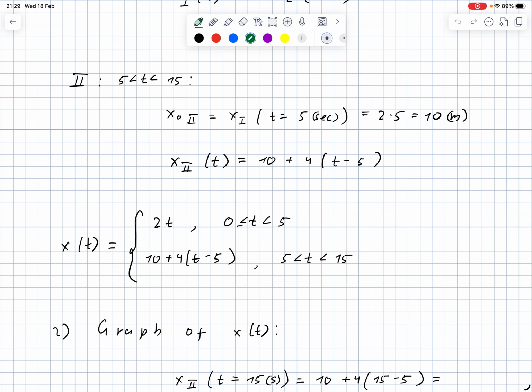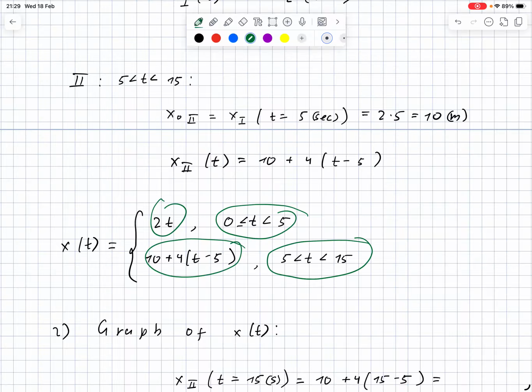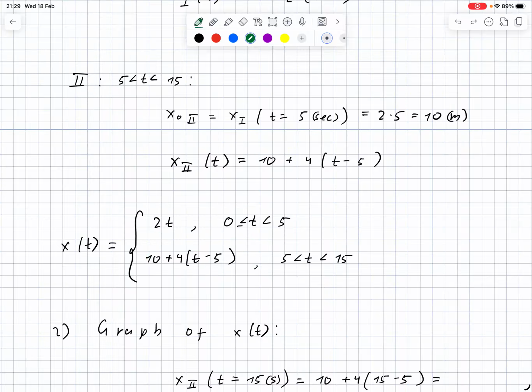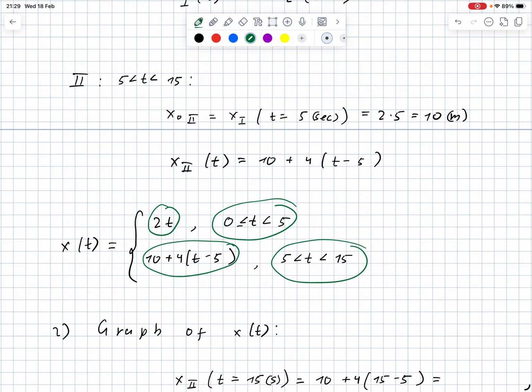This function lives in this segment, and this function exists only in this segment or interval of time.